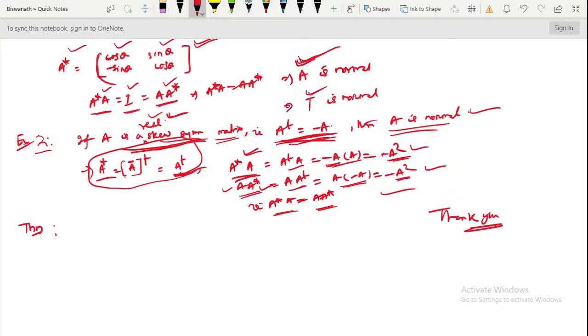So now comes a theorem. What is the statement of this theorem?